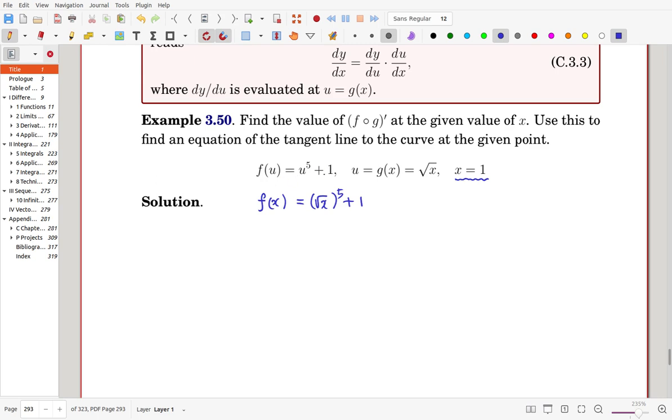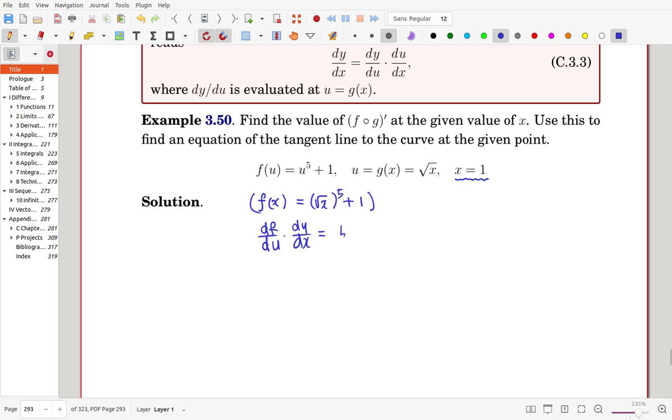But you can write it in this way, so that by using chain rule, that is some extra. But anyway, by using chain rule, you have to differentiate with respect to u, so that df over du times du over dx. That is chain rule.